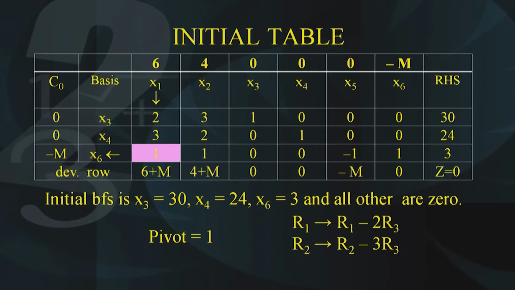In fact, I had mentioned earlier also, since x3 is a basic variable, the entry in the deviation row will also be 0.